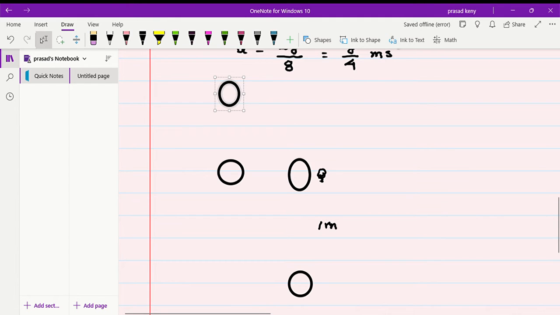So this is particle P here. So when the particle Q has traveled 1 meter down, particle P has traveled 1 meter up.